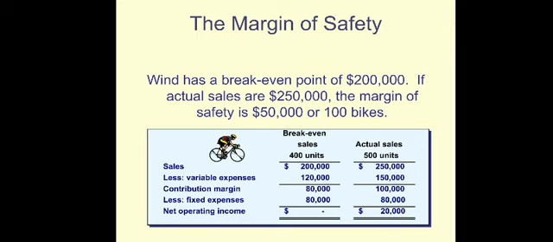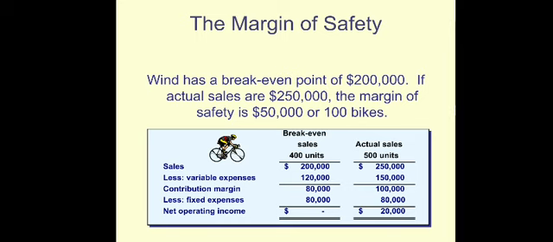So for this bicycle business, in the sample income statement, the actual sales is 250,000, and the sales at the break-even point is 200,000. So the margin of safety in terms of dollars is 50,000.